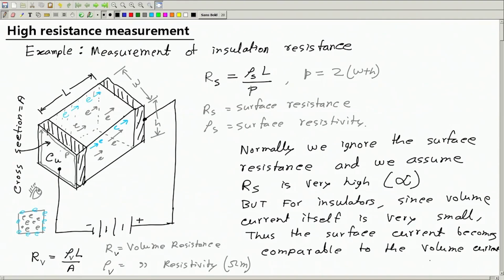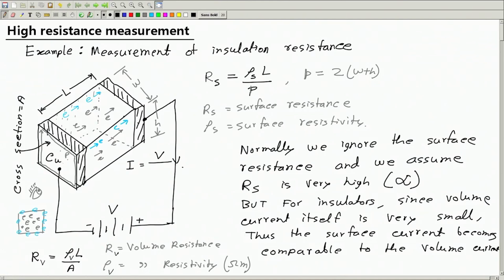Okay. So, if this voltage is V, and we want to find out how much current will flow through this block. Now, these conductors will have very little resistance, so you can ignore that. So, this current I will be equal to V, this voltage, divided by the resistance offered to this current.